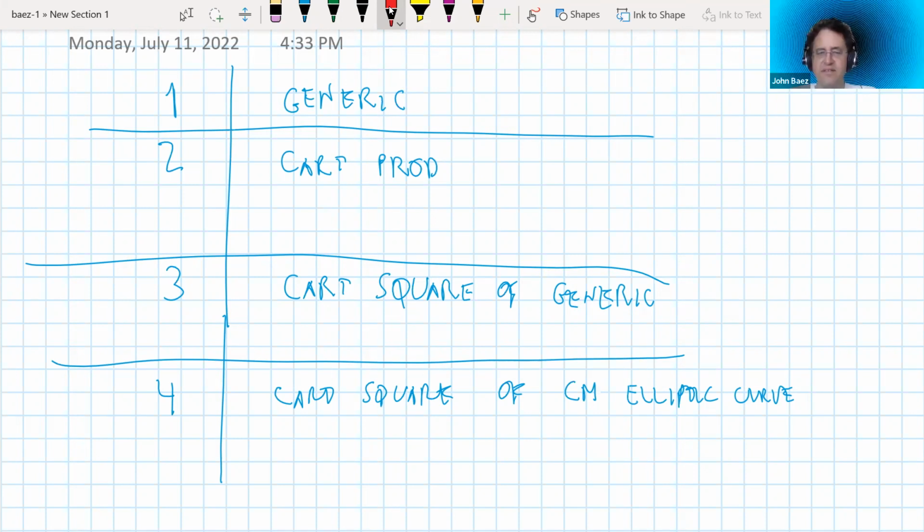And in all of those cases, this is going to be a commutative endomorphism, right?